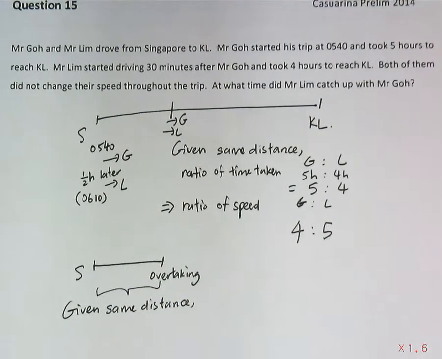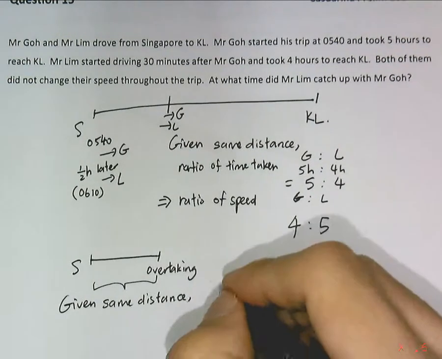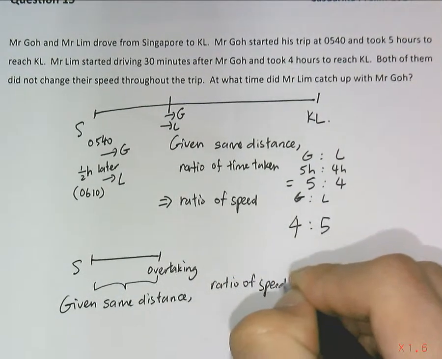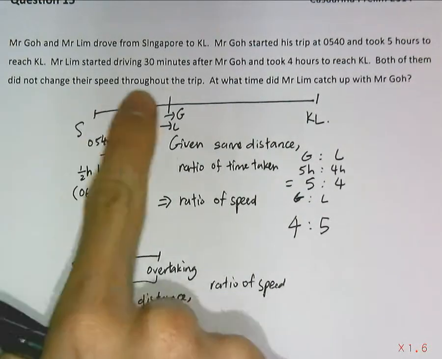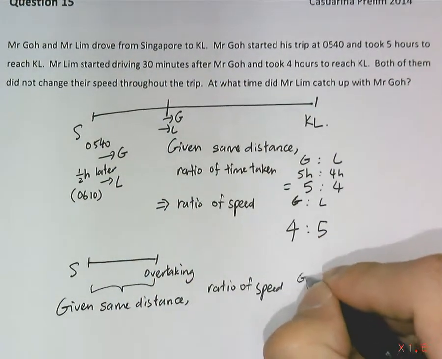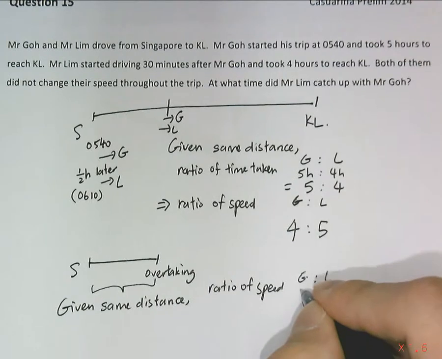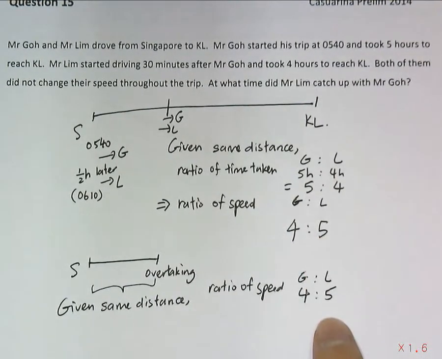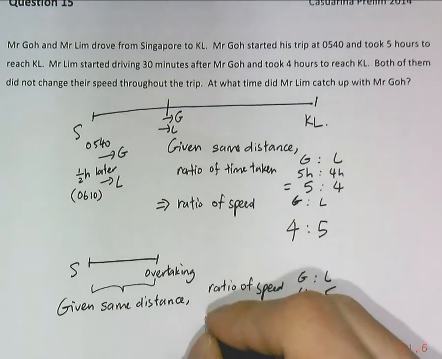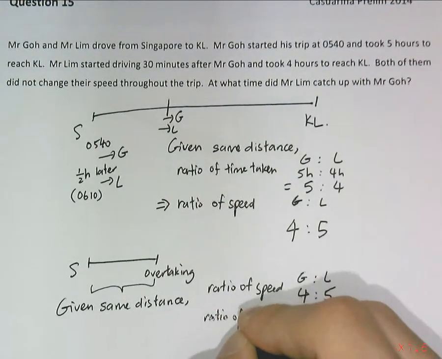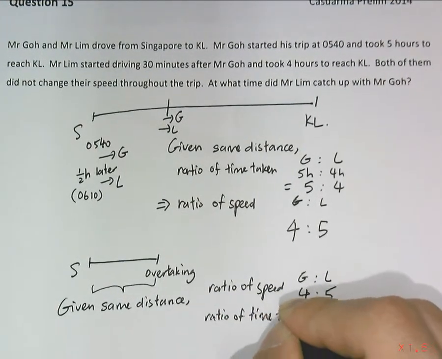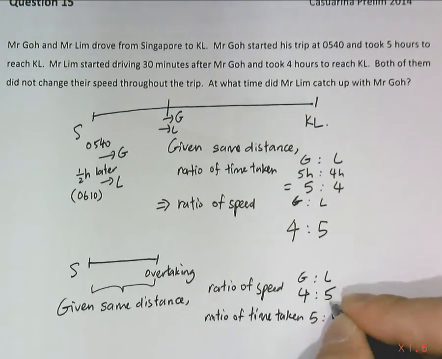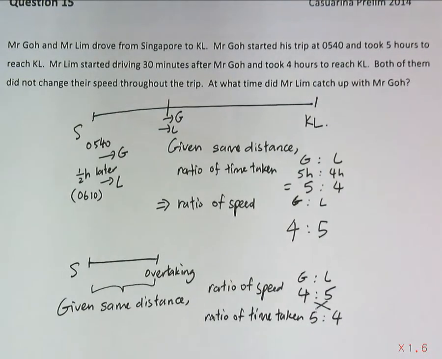So under the same distance, the ratio of speed, since they did not change throughout the trip, Mr. Goh to Mr. Lim would be 4:5. So based on this information, we use it here. Now we can tell the ratio of time taken would be crossover 5:4.